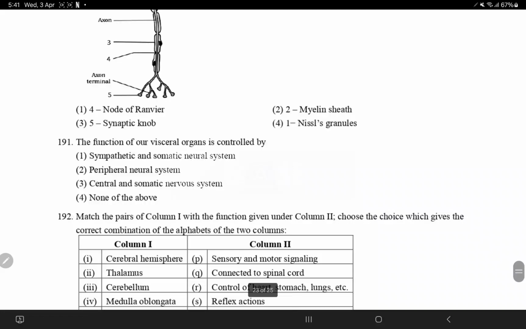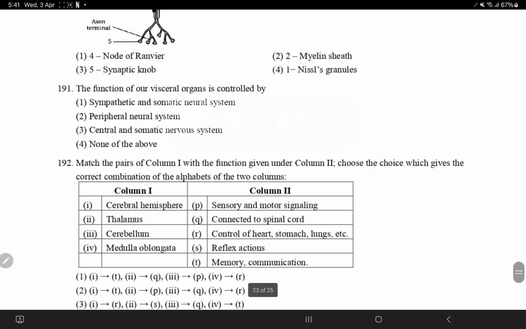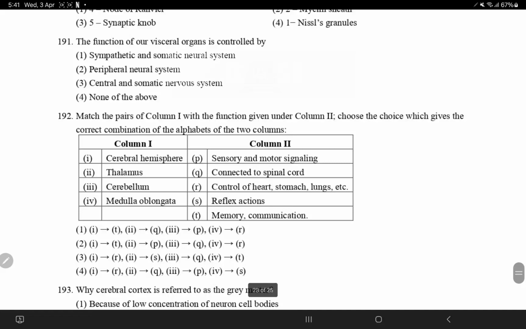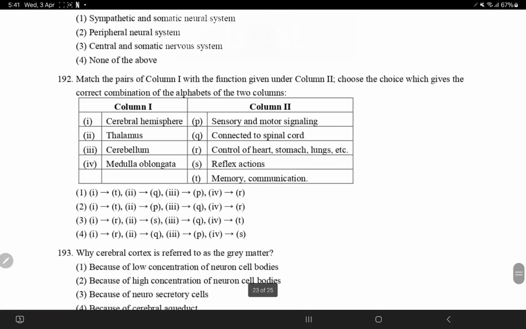The function of our visceral organs is controlled by peripheral nervous system, right? Which consists of sympathetic and parasympathetic autonomous nervous system. Cerebral hemispheres: memory and communication.